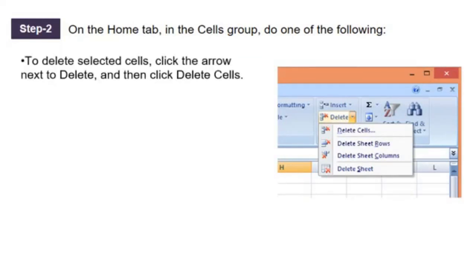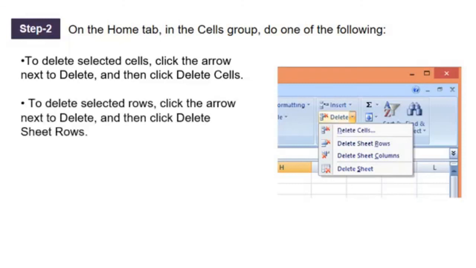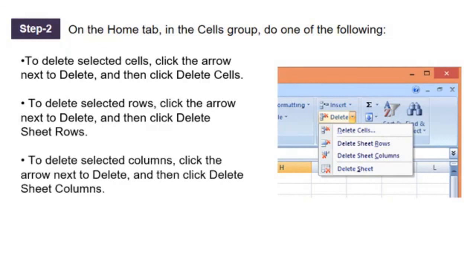To delete selected cells, click the arrow next to Delete and then click Delete Cells. To delete selected rows, click the arrow next to Delete and then click Delete Sheet Rows. To delete selected columns, click the arrow next to Delete and then click Delete Sheet Columns.